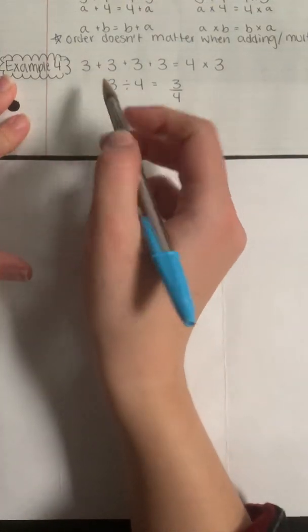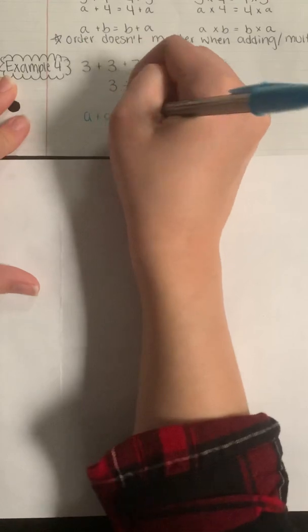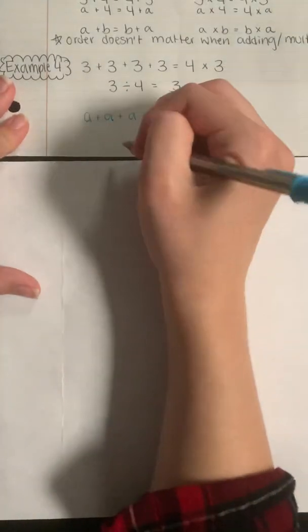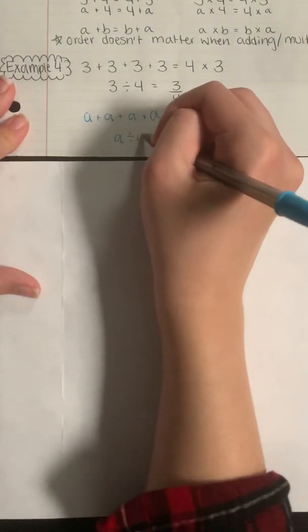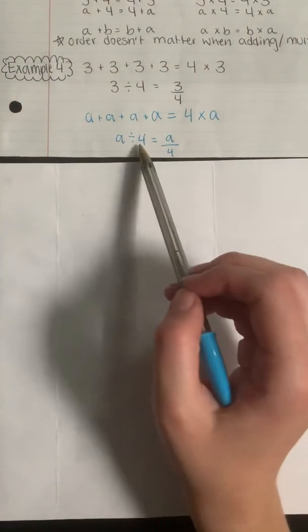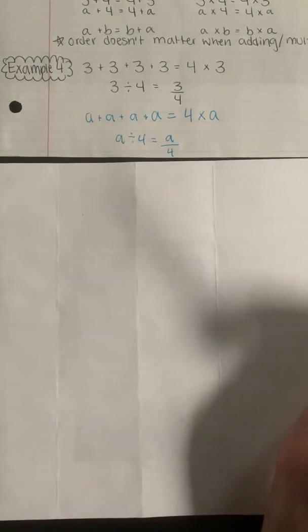I'm going to rewrite this using a letter A every time I see a 3. So 1, 2, 3, 4. This is going to be A plus A plus A plus A equals 4 times A. And then this would be A divided by 4 equals A over 4. Okay, well that's still true.